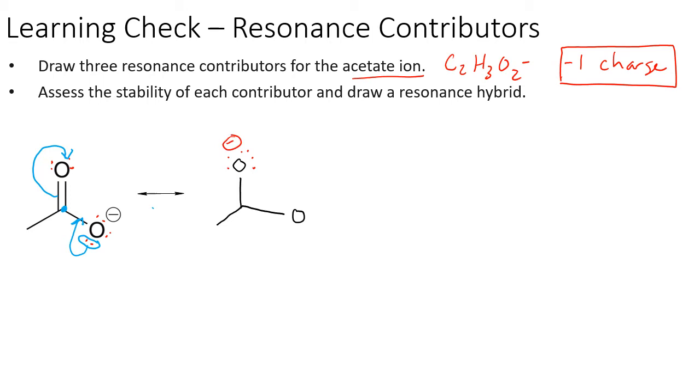Our electrons off of our right-hand oxygen moved as a double bond in between this carbon right here and our oxygen. So there are going to be 2 lone pairs left on that oxygen. So this would be one of our resonance structures, and it basically looks the same as the first one, only now our negative formal charge is on the other oxygen. And so both of these resonance structures are equally good.